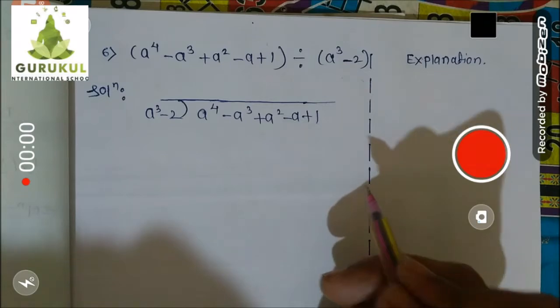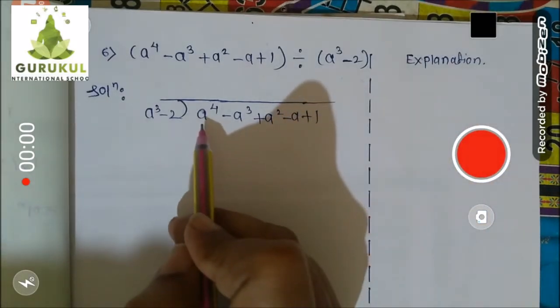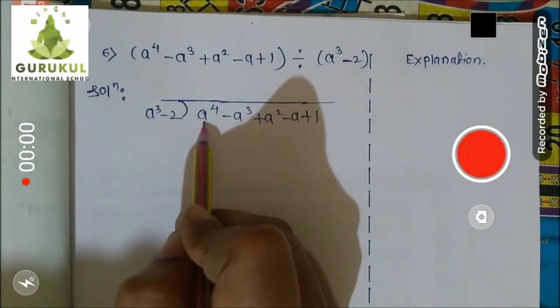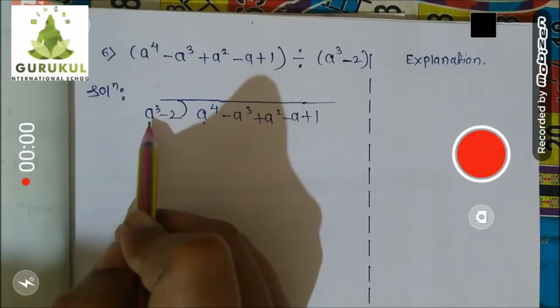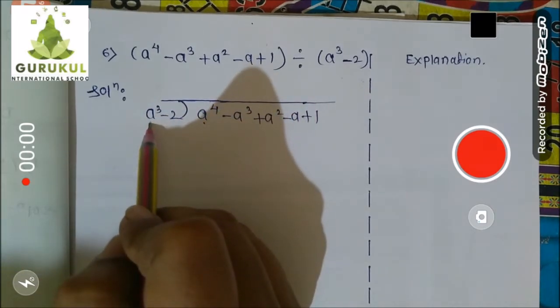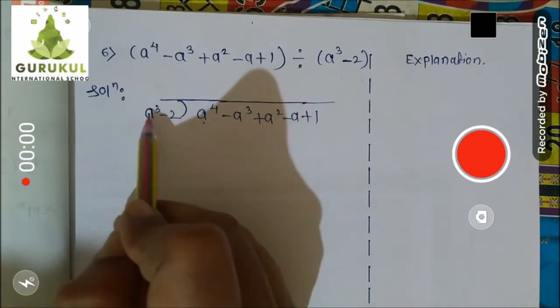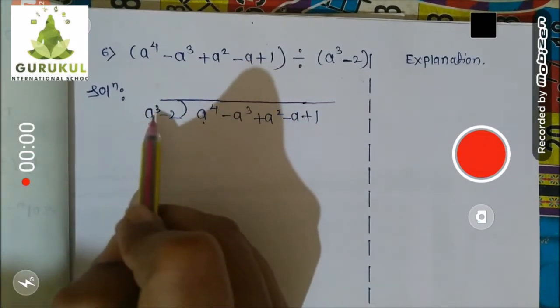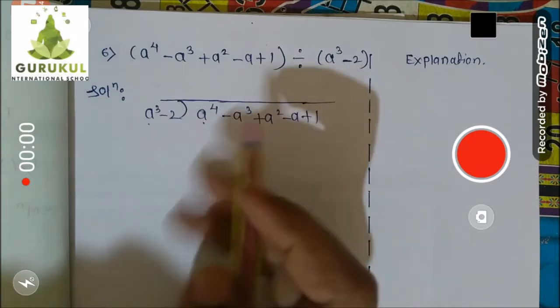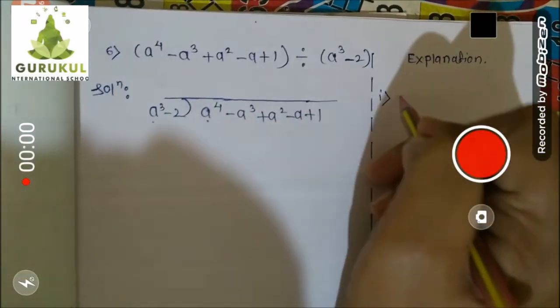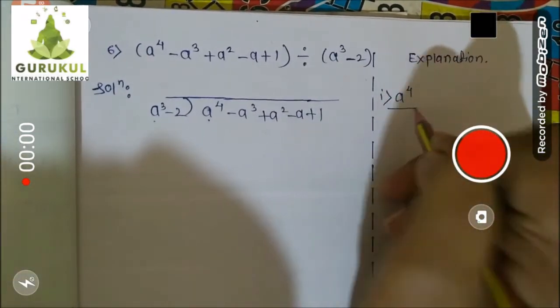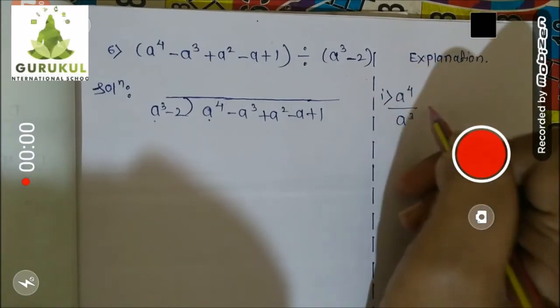What is the first step? Take the highest power term from the dividend and divide by the highest power term from the divisor. So which is the highest power term? a raised to 4. And which is the highest power term in this polynomial? a raised to 3. So in the explanation part, I will divide a raised to 4 upon a raised to 3.